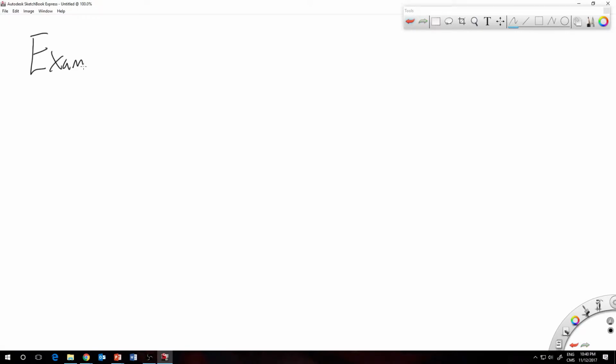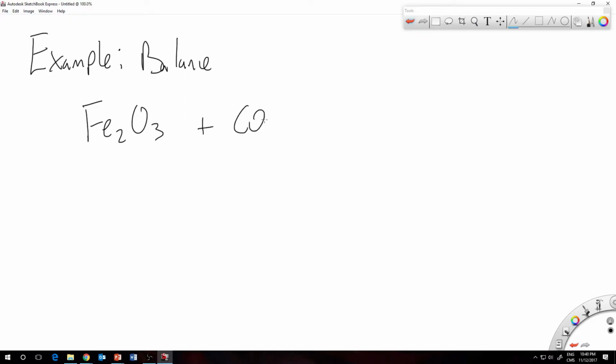In this example, we are going to balance the following reaction: Fe2O3 plus CO going to Fe plus CO2. Let's assign oxidation numbers first, because we need to assign oxidation numbers so that we can determine what the change is.